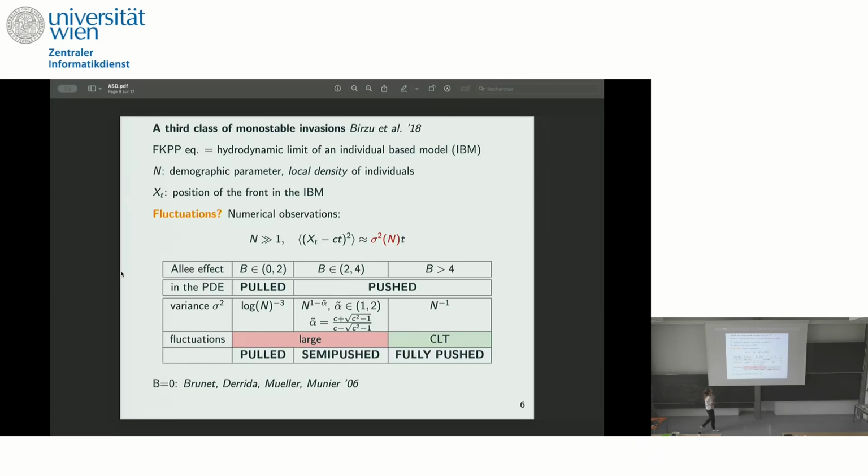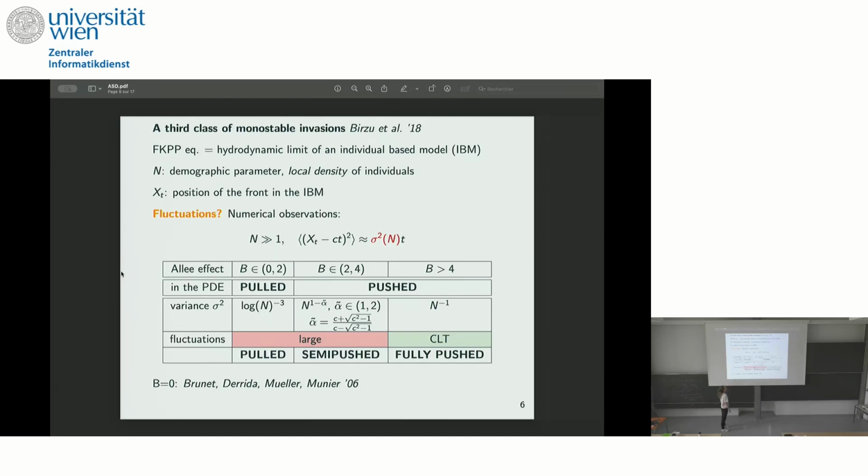So for large values of the cooperation, namely B larger than 4, the variance is like 1 over N, which is the standard order for fluctuations to get a central limit theorem. But for B smaller than 4, you get much larger fluctuations. So for the pulled regime, you get huge fluctuations in 1 over log N cubed.